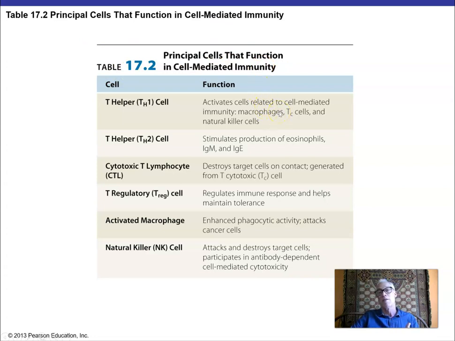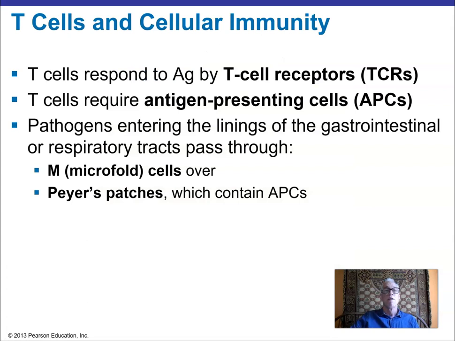They activate cytotoxic T cells and natural killer cells and macrophages, whereas other helper T cells produce cytokines that are more geared towards activating B lymphocytes, and they produce immunoglobulin M and G and occasionally E. Cytotoxic T lymphocytes are the ones that are going to go around later and kill infected cells in your body once they're activated. All right.